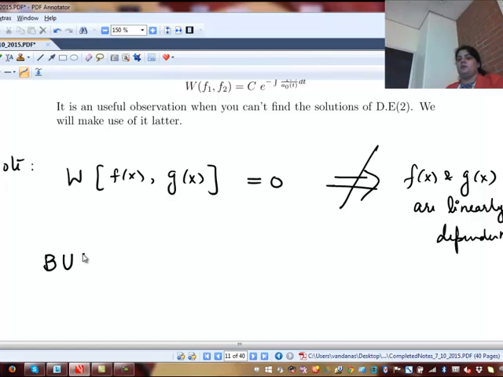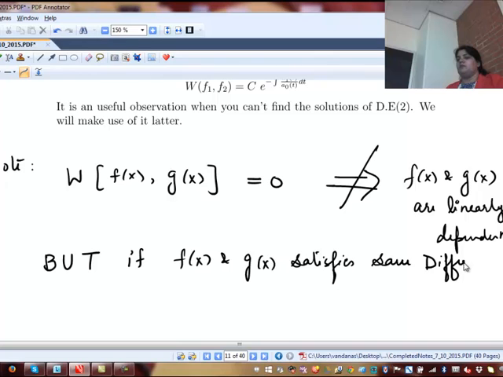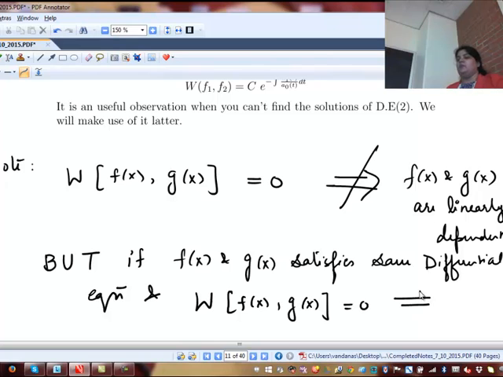But if f(x) and g(x) satisfy the same differential equation, and the Wronskian of those two functions is 0, that will imply f(x) and g(x) are linearly dependent.